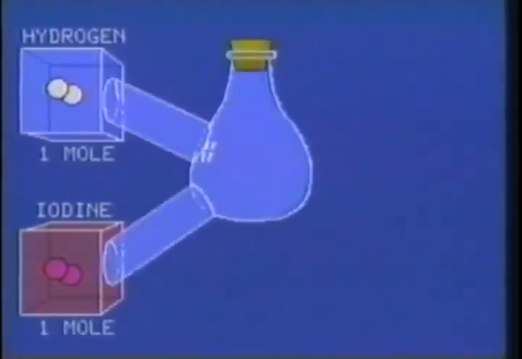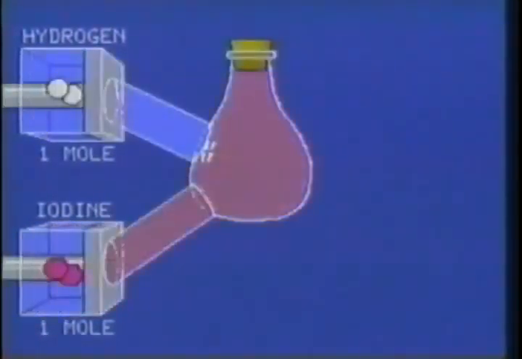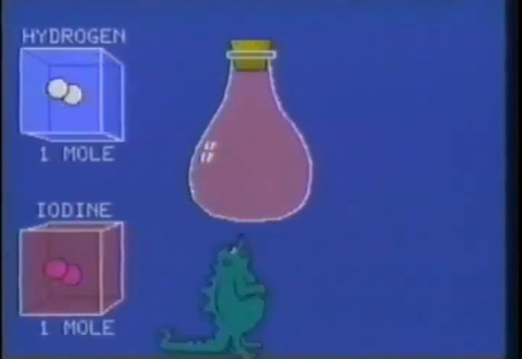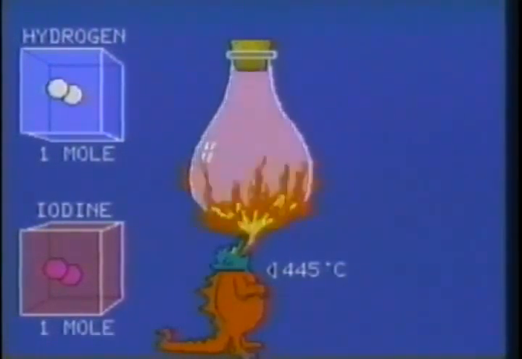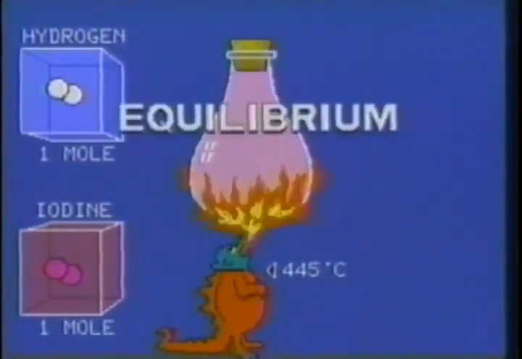Let's combine 1 mole of colorless hydrogen gas and 1 mole of purple iodine gas in a 1-liter flask. Heat it to 445 degrees Celsius. The purple color begins to fade, indicating that iodine is being consumed. Eventually, the gas becomes almost colorless and remains so.